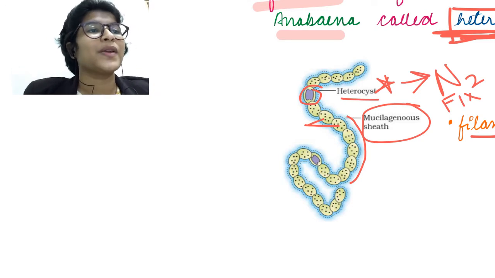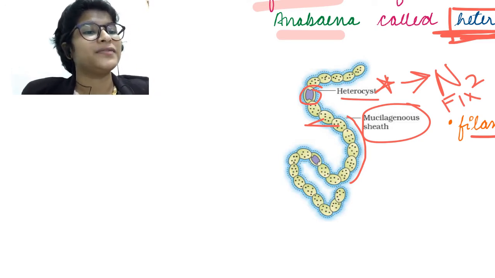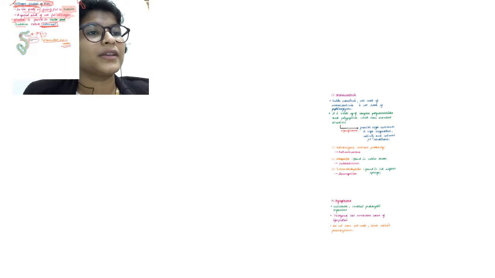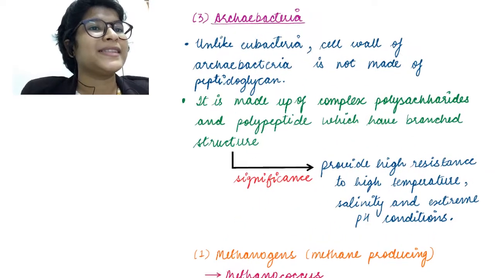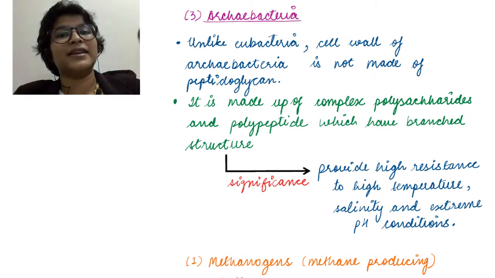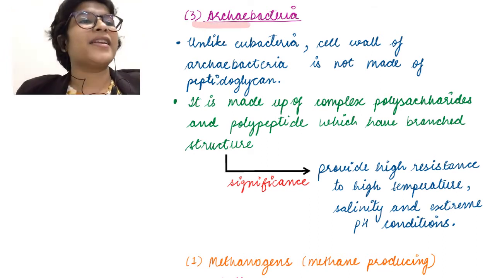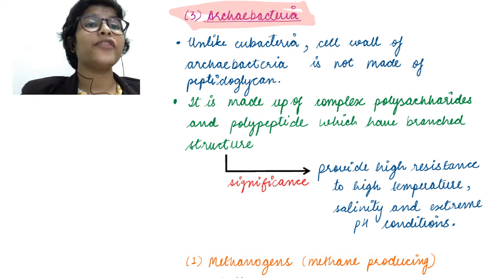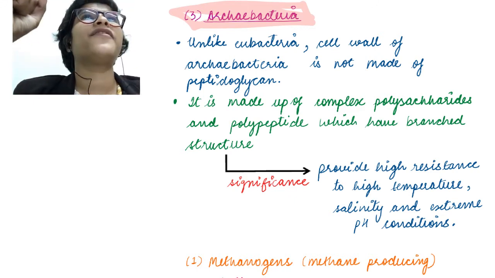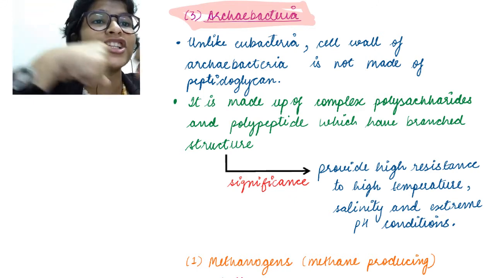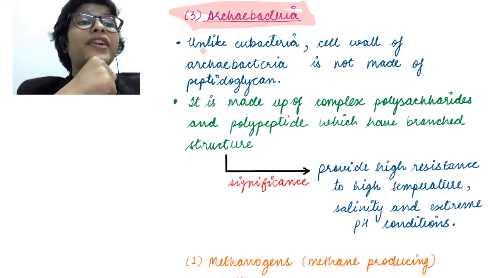So going on further, let's look at the second type of bacteria, that is Archaebacteria. Archaebacteria are the kind of bacteria which can survive in tremendously harsh conditions. These are different from eubacteria.